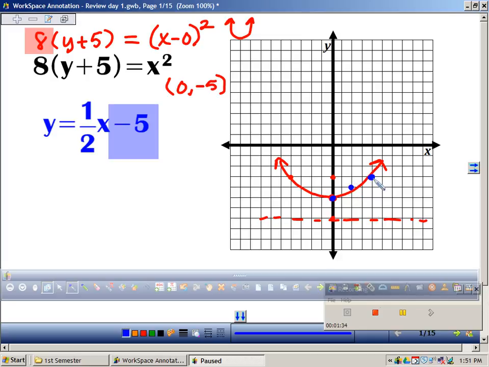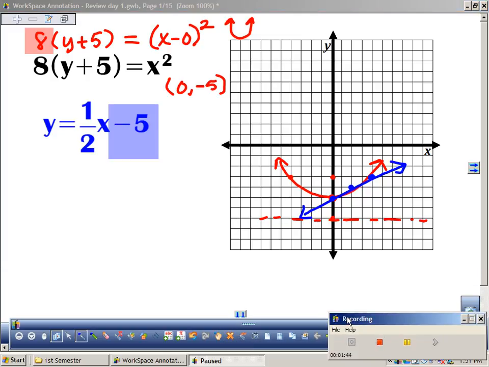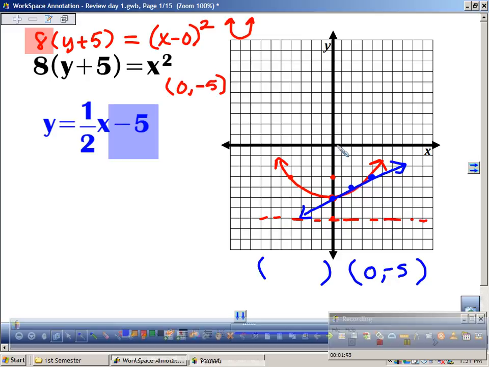There's another intersection point. So that would be at 0, negative 5, and 1, 2, 3, 4, negative 3.